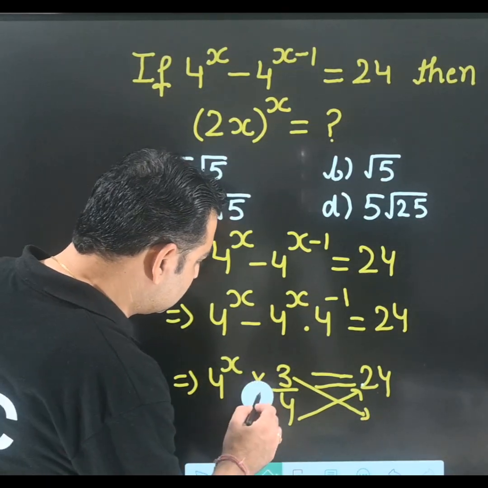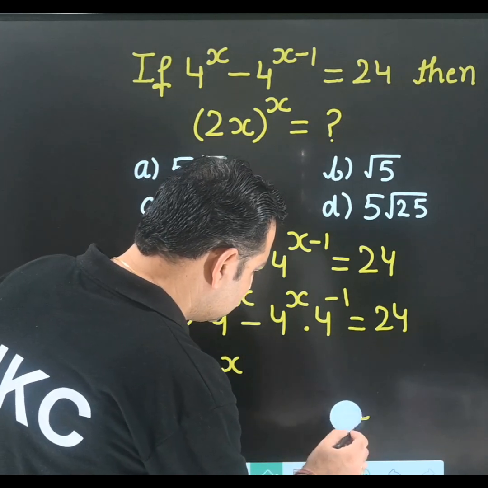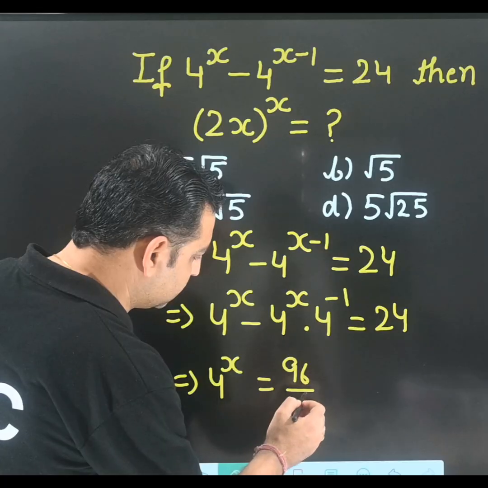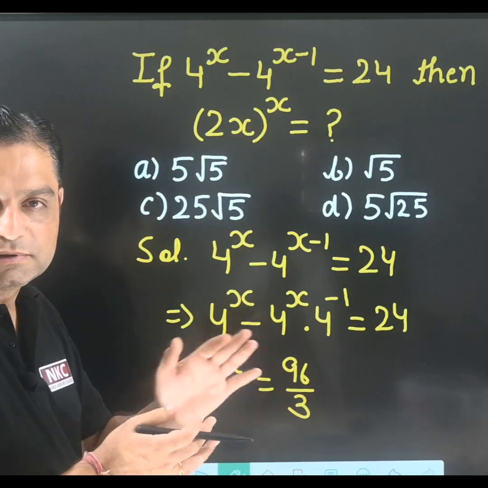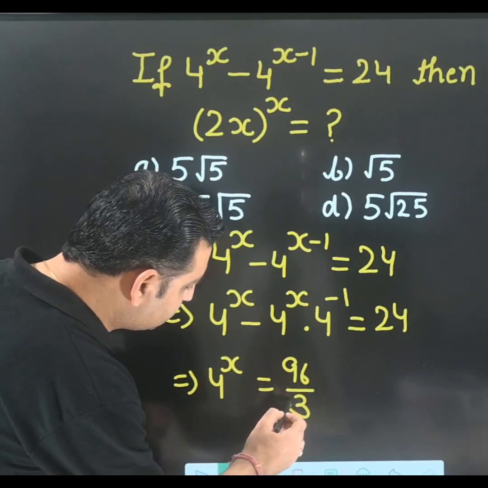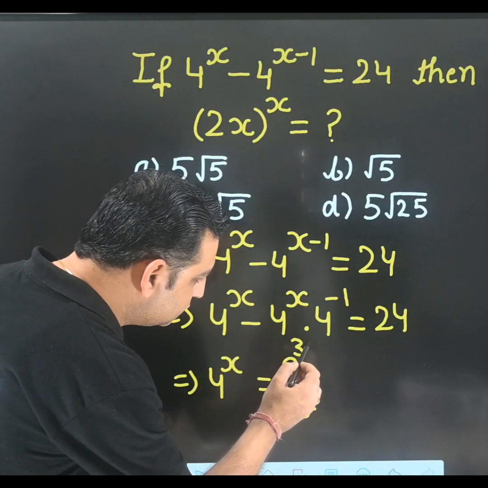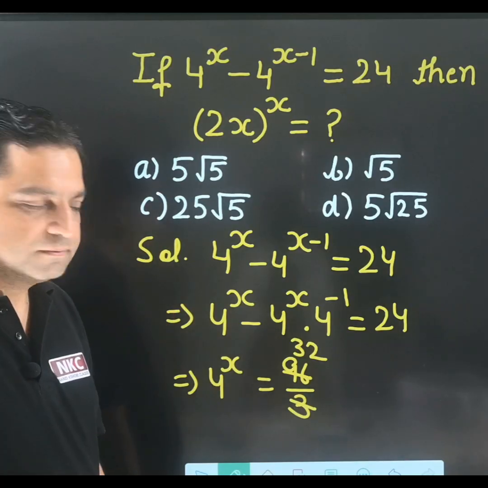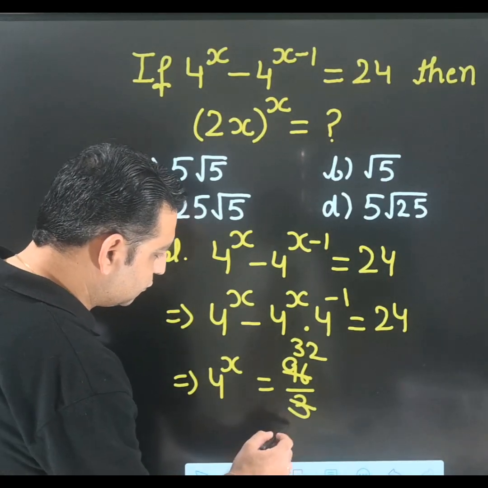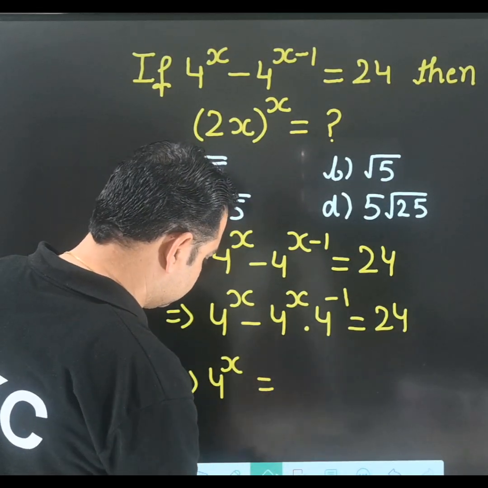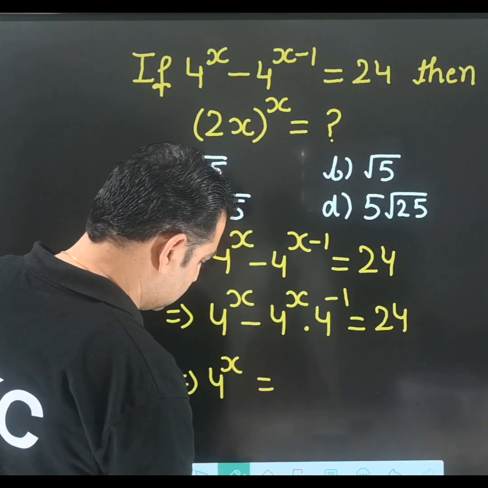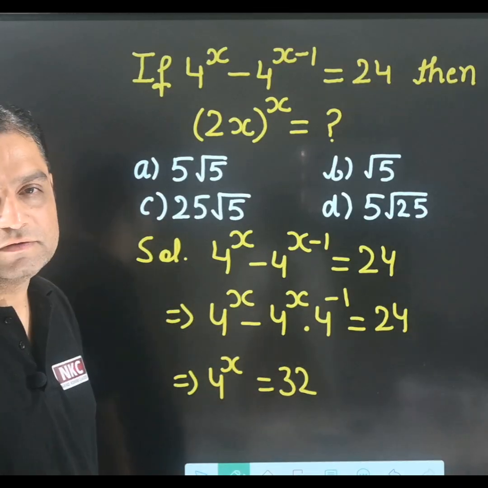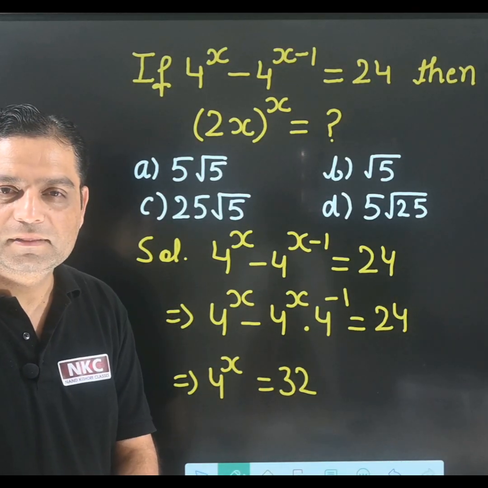So finally we will get 96 divided by 3 after cross multiplication, and once you cancel them, it will become 32 only. Analyze it carefully. So as of now, I am having 4 to the power x is equal to 32.